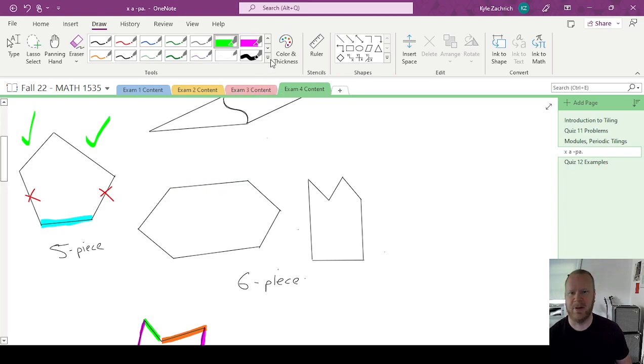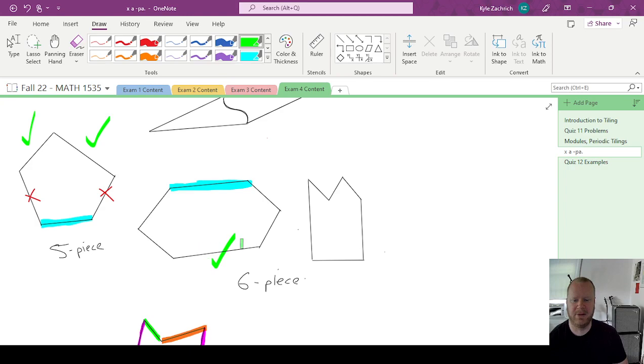Actually, I'll use the same color scheme here. If I want to find the opposite side of this, there's only one answer for this one, right? This is the only piece that's going to be opposite. And right, these ones are not going to work out.